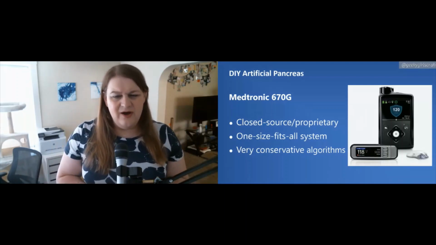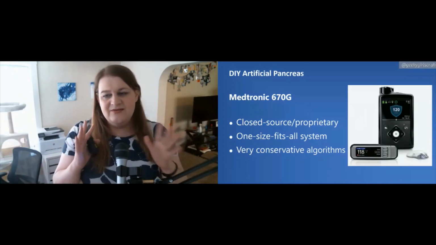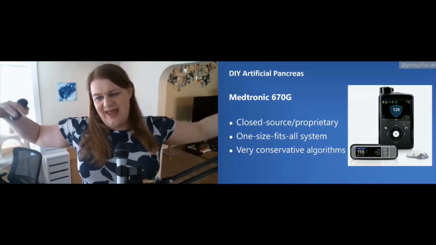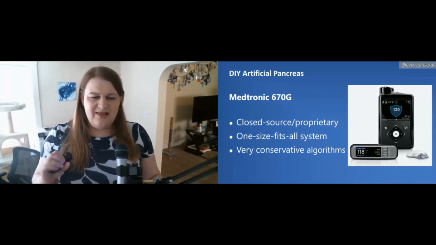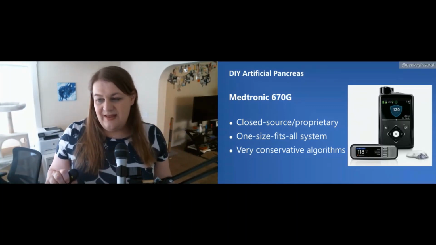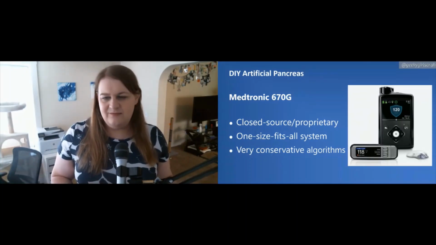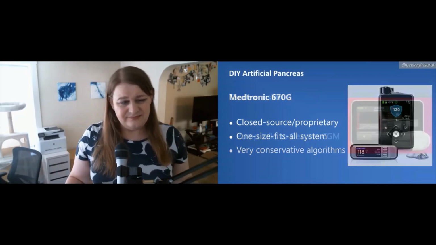The algorithms are also kind of conservative. I've set mine to be very tightly controlled, and this one's just kind of like, yeah, we'll try to keep you under 150. And a lot of people don't like it. The transmitters that come with it aren't really reliable, so I've often heard people that have this just turn the looping off.